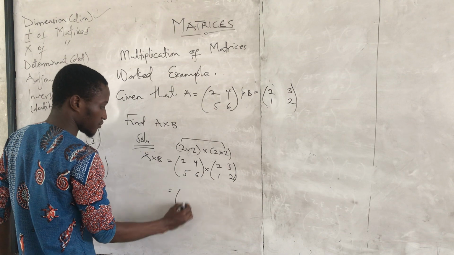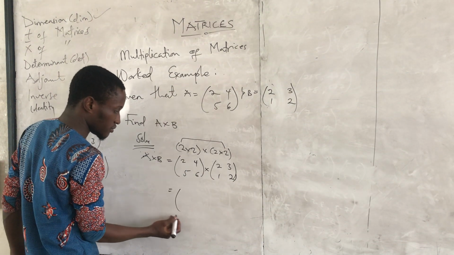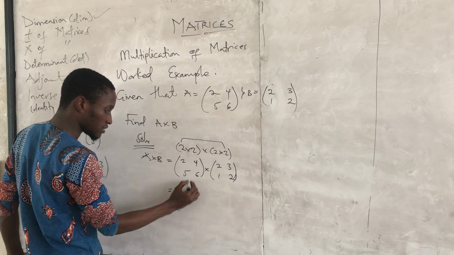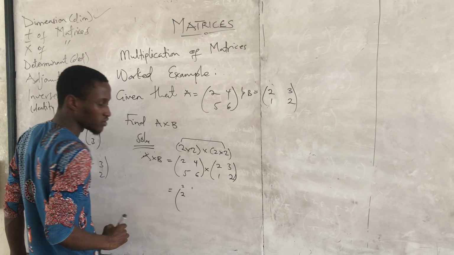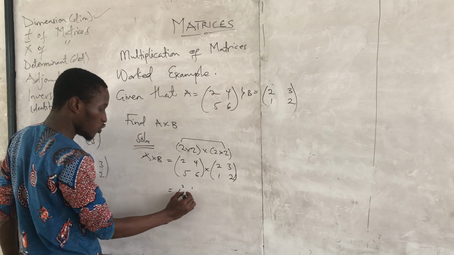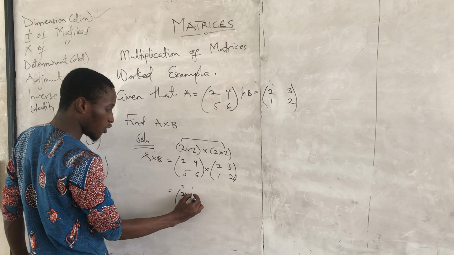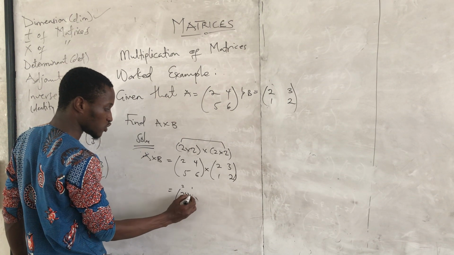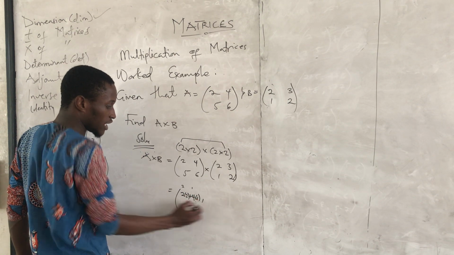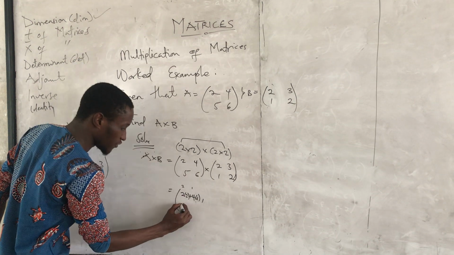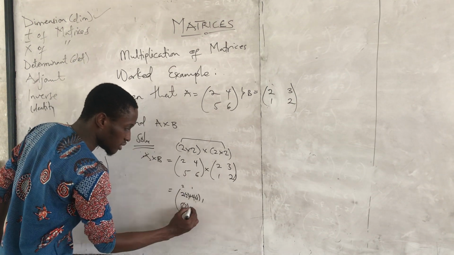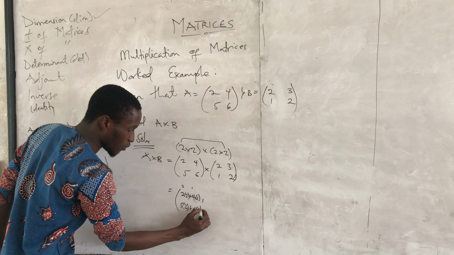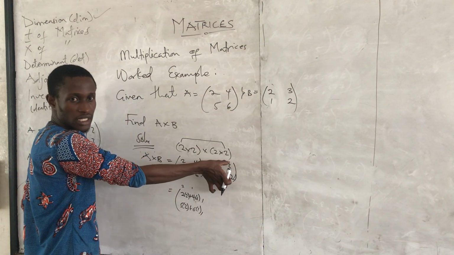So we have now 2, so someone will try and write it small. And it's 2 multiplies 2 plus 4 will multiply 1. Then you bring your comma. Then 5 will multiply 2. Then 6 will multiply 1. Another comma. Now we are left with the second column.